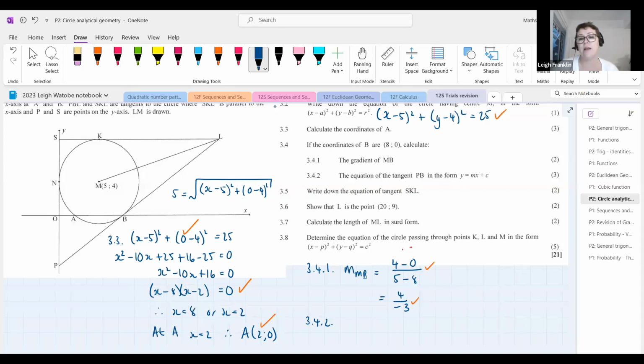How would we calculate the gradient of the tangent? How would we calculate the gradient of our tangent?